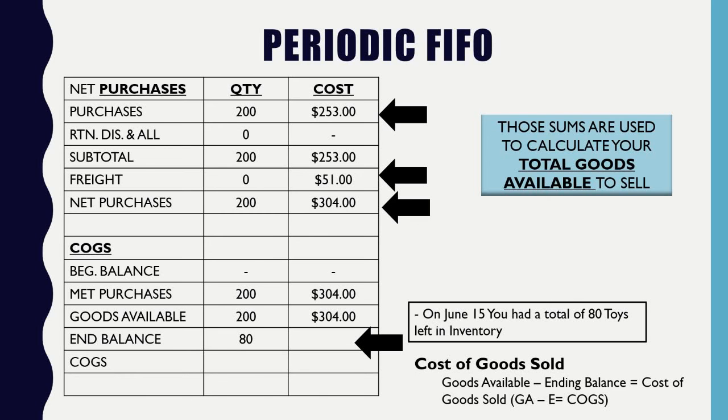And then now, from our scenario, we understood that on June 15th, you only had a total of 80 items left available in your inventory. So that's going to be considered your ending balance.